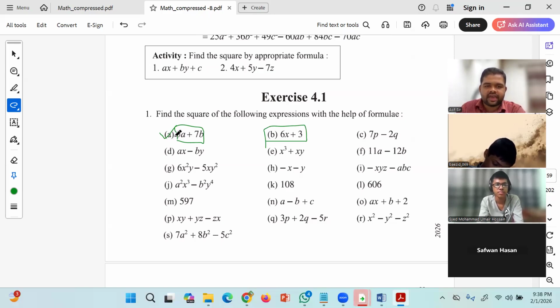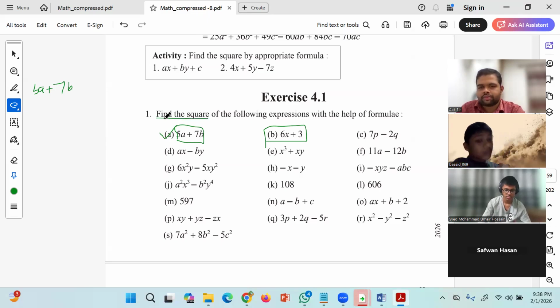So first of all, here 5a plus 7b is given, right? So let's write 5a plus 7b. And we have to find the square. Square means the whole square, right? We have to square both 5a and 7b.